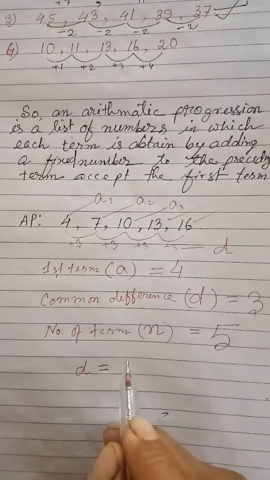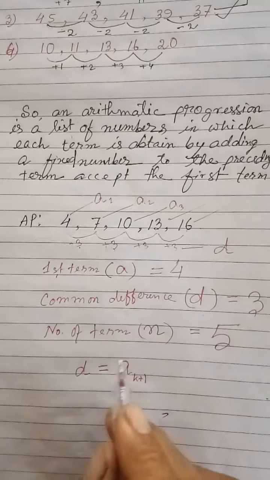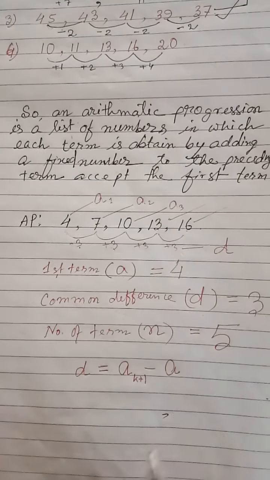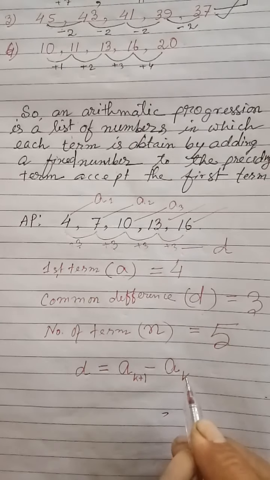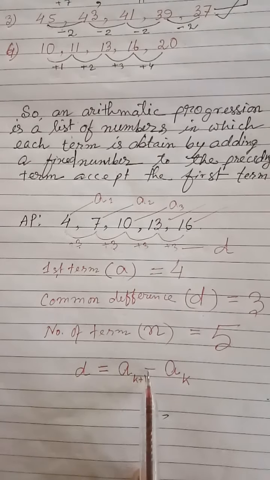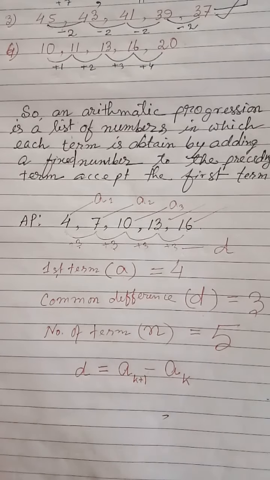That is indicated like this: A k plus 1, any term, minus its preceding term, which will be A k.